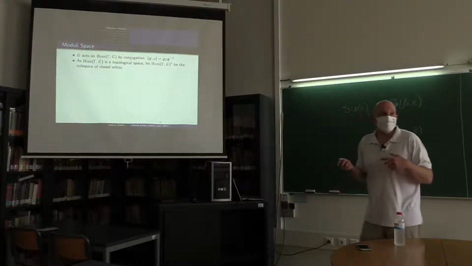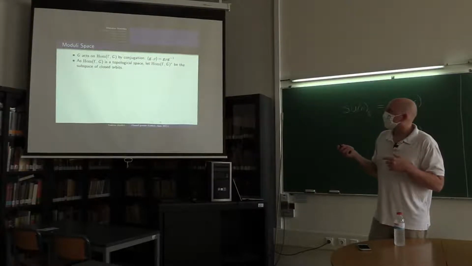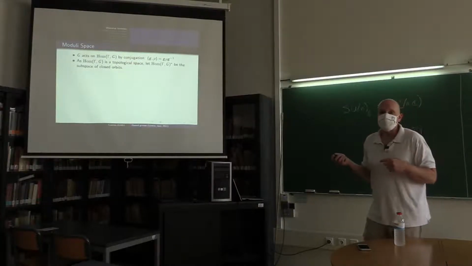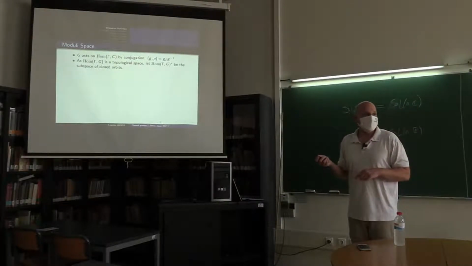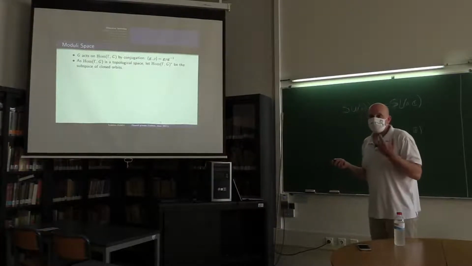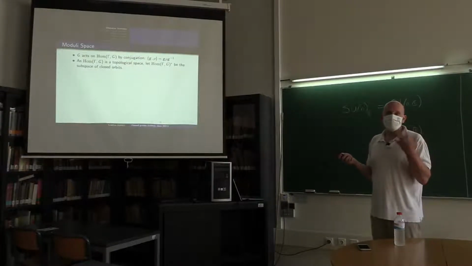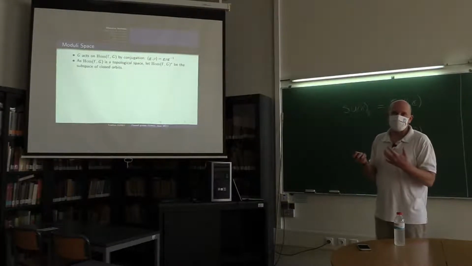Okay, but this equivalence relation might not be very well behaved. The space of conjugation orbits might not be T1. As a topological space, it might be very complicated topologically. So a very natural thing to do is to try to fix this quotient space by removing some points that get collapsed together by the equivalence relation.